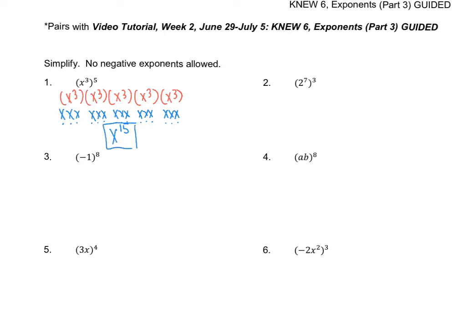So if I went from x to the third to the 5th, and I ended up with x to the 15th, what did I do to these 2 exponents to get there? I multiplied them, right? So following along with that logic, what would I get in number 2?